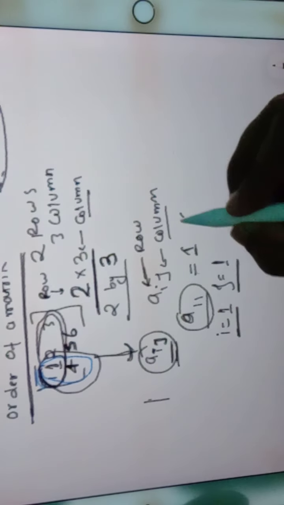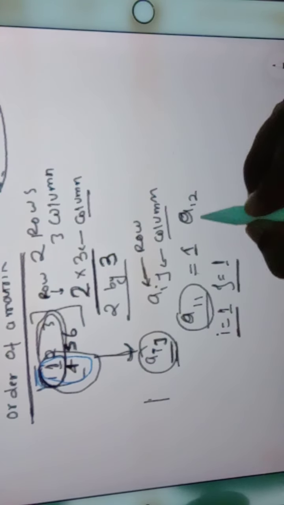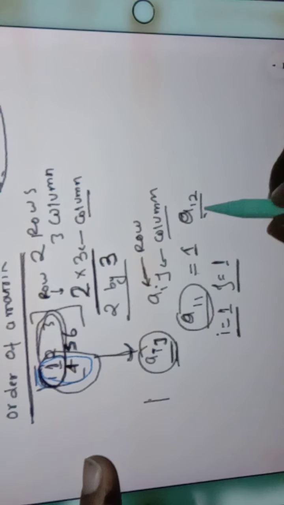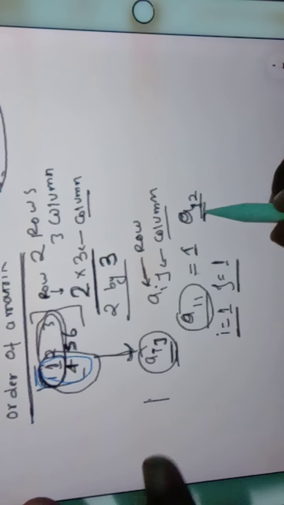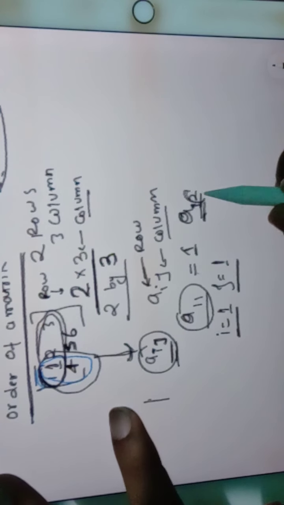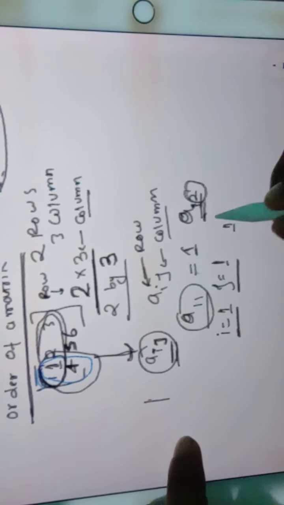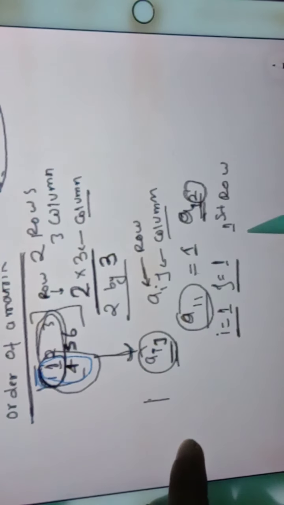Now for A12, what is A12? The first one denotes the row, and the second one denotes the column. Then A12 means first row and the second 2 means second column.